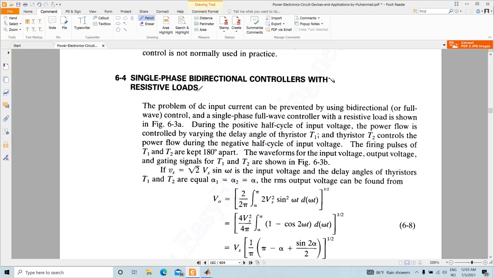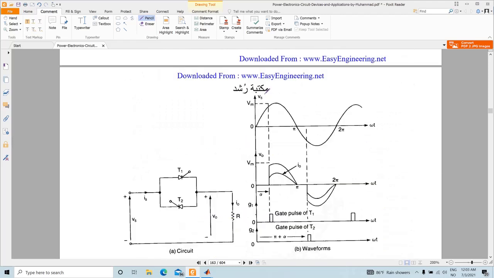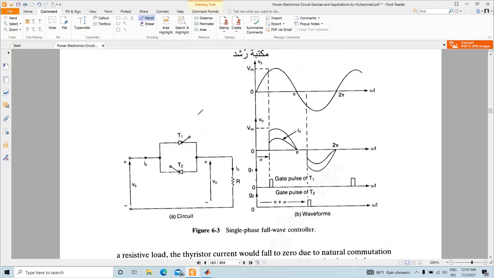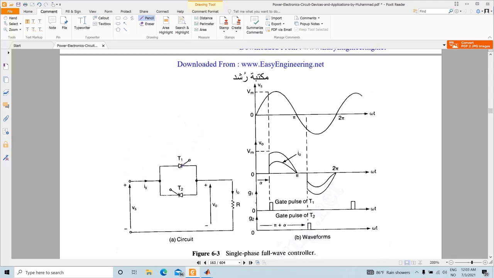The next thing is the single phase bidirectional controller. Now we will discuss the bidirectional controller for resistive load. So when we have a resistive load and we have a bidirectional controller, it means that we have two thyristors in anti-parallel direction, and you can control both of these thyristors independently to achieve a certain output RMS voltage.